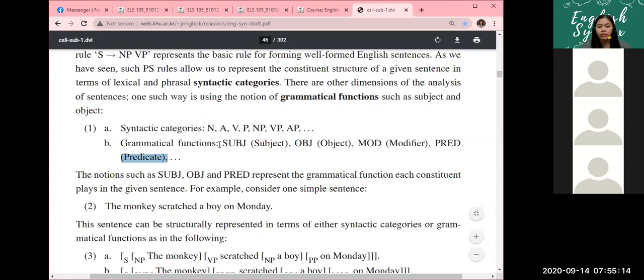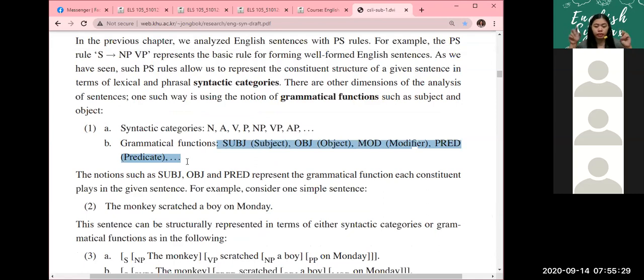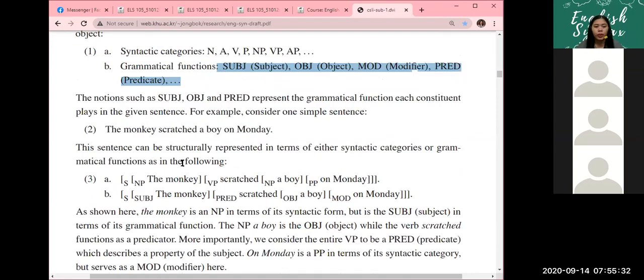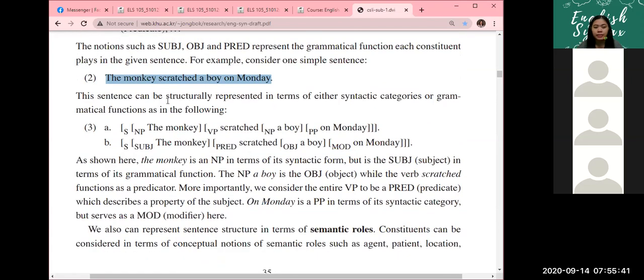This one might sound very easy compared to syntactic categories, because these are just basic assigning of grammatical roles or functions of words in a sentence. For example, we have the sentence, the monkey scratched a boy on Monday. This sentence can be structurally represented in terms of either syntactic or grammatical function. Letter A represents the sentence according to its syntactic categories.